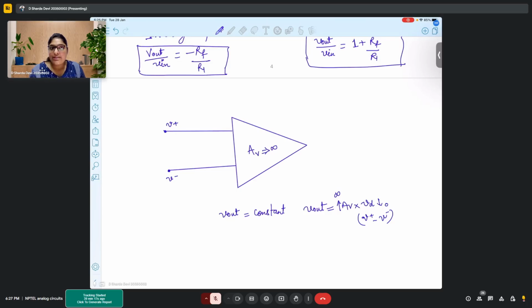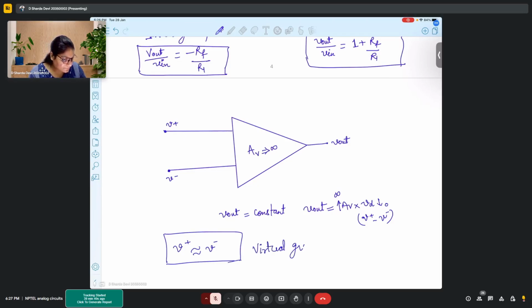So because of this, if we consider our op amp is an ideal op amp, then what we consider is V plus is almost equal to V minus. And this is what we call the virtual ground concept, or I should say virtual short.